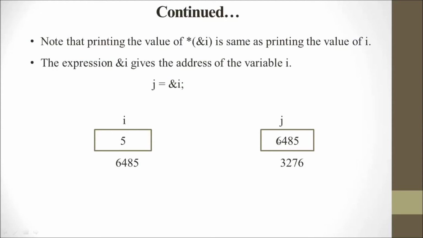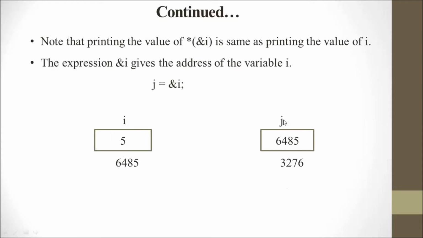So j contains this address, but j also has its own address: this is 3276, the address of j. I think you understand that i's address is assigned to another variable j.